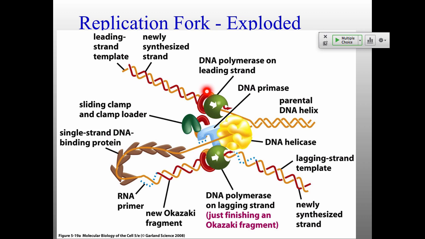You have a DNA primase, which is an RNA polymerase, putting down these little blue RNA bits. Then you have a clamp loader, this green piece right here, together with a sliding clamp that's open. As soon as you get this primer put down, the sliding clamp can get associated with it. You can get a DNA polymerase that will now extend.